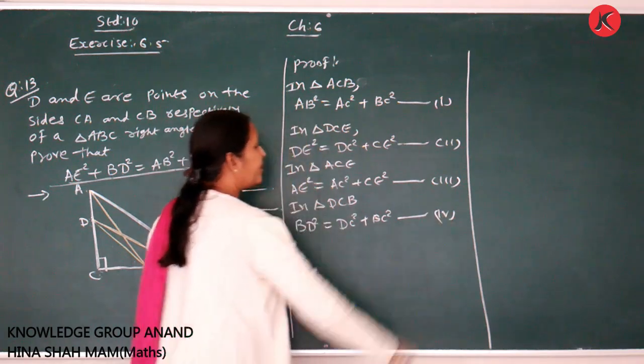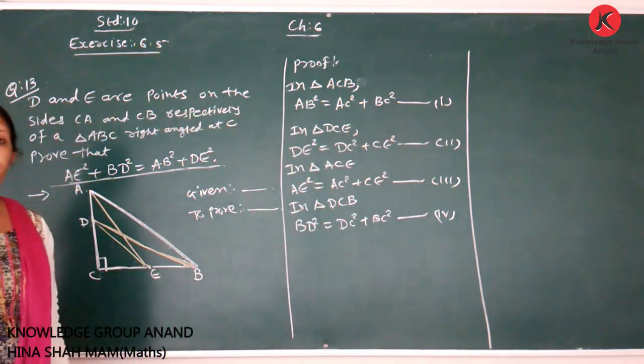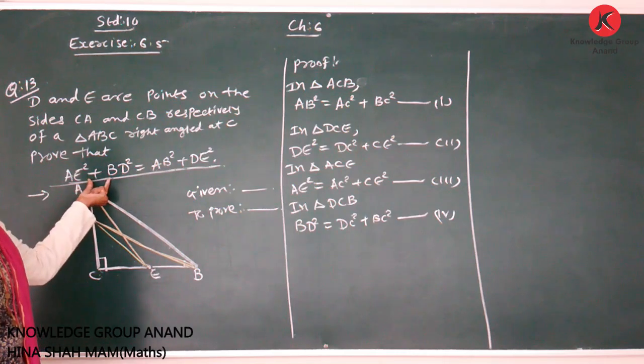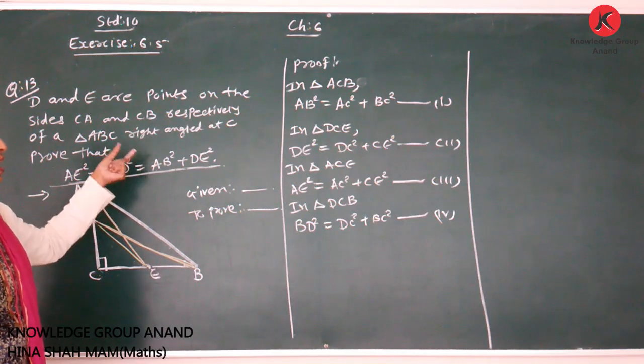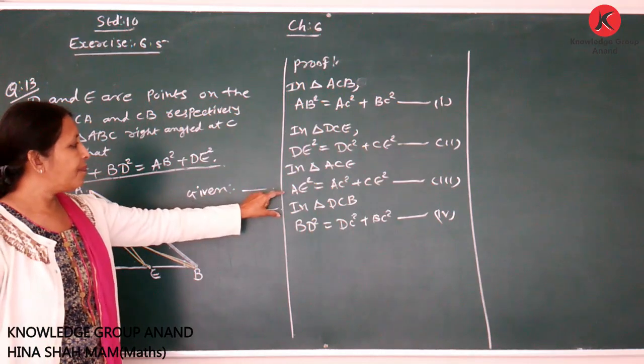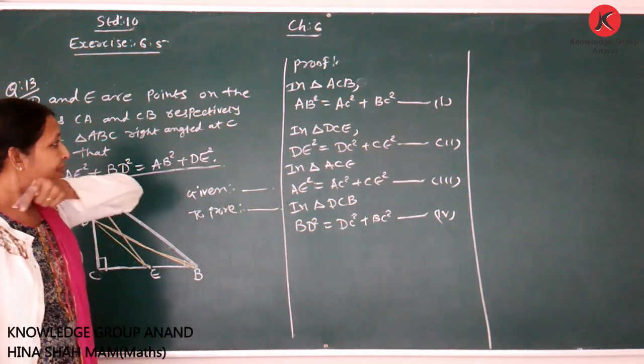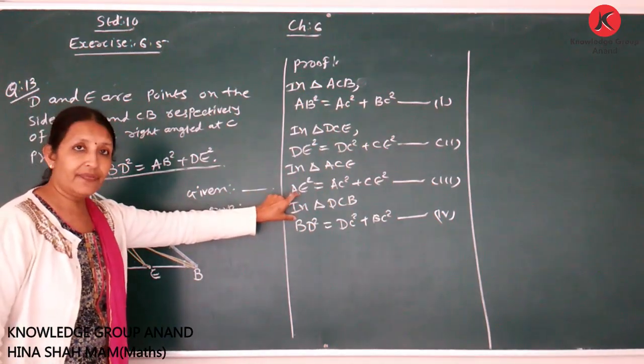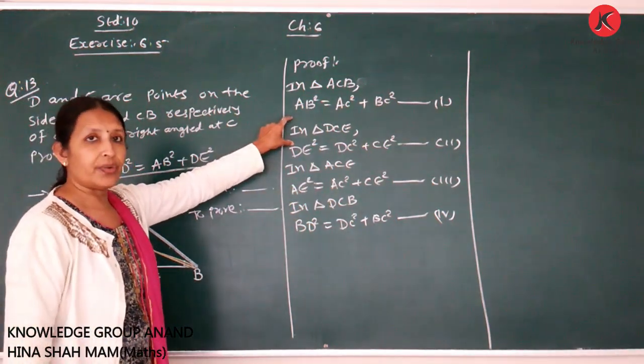Result number 4. We want here AE square plus BD square is equal to AB square plus DE square, adding 3 and 4 or adding 1 and 2.